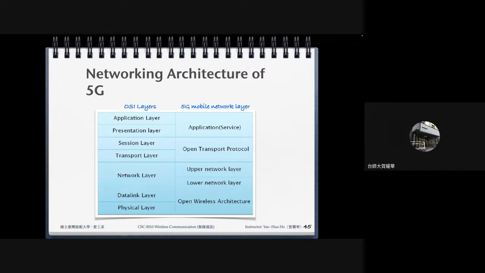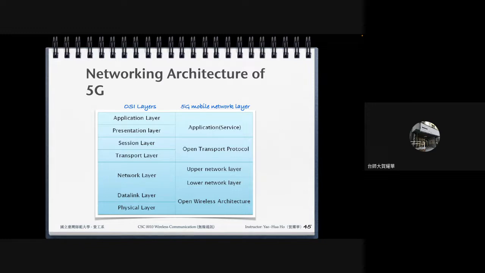They are not only used for making a phone call anymore. Most of the devices, for example, your mobile phone or your iPad, or even the car that connects to the internet, all follow some type of computer architecture, and that architecture for the networking layer follows the OSI layer.